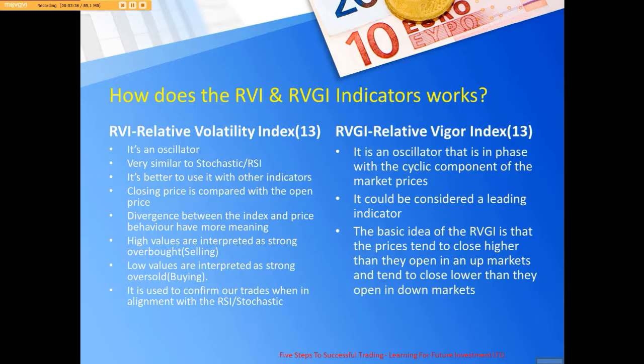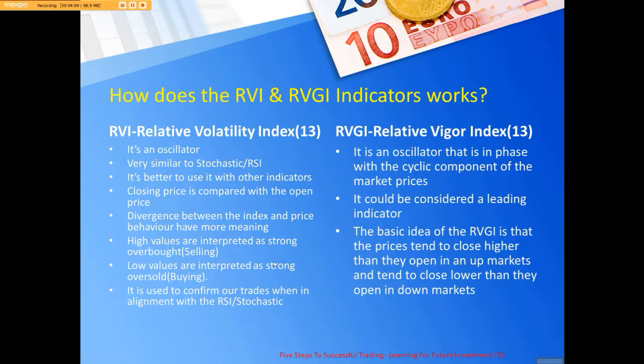Now the relative vigor index is an oscillator that is in phase with the cyclic component of the market prices, so you could almost consider it a leading indicator. The basic idea of the relative vigor index is that prices tend to close higher than they open in an up market and tend to close lower than they open in a down market.